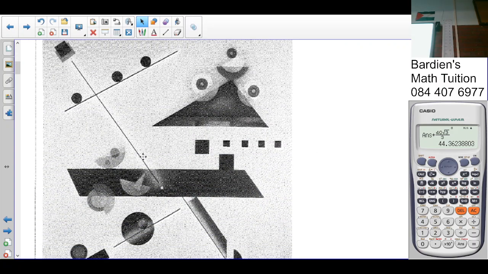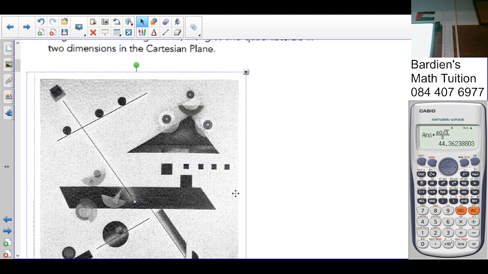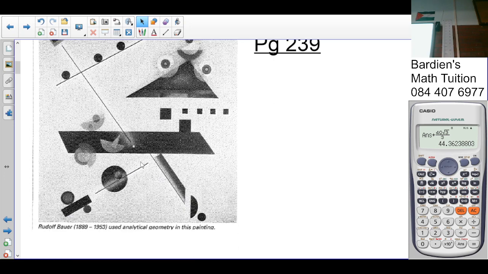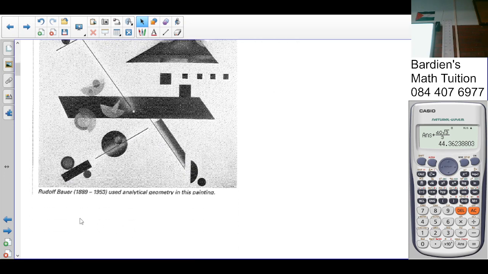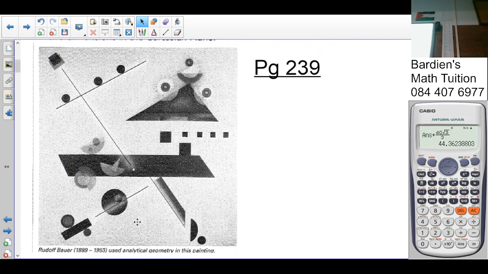And here's a lovely painting. These are our art students, so there's something for you too. Rudolph lived from 1889 to 1953. That's many years ago. He used analytical geometry in this painting. So you can ask your art teacher who this is. Who does art?